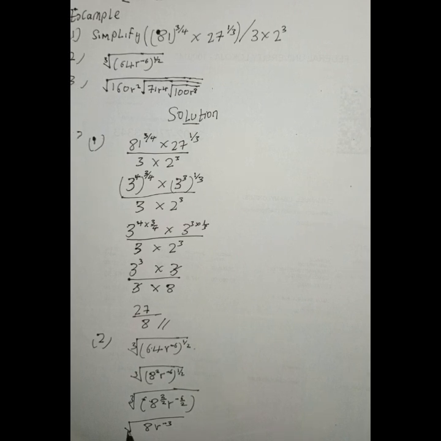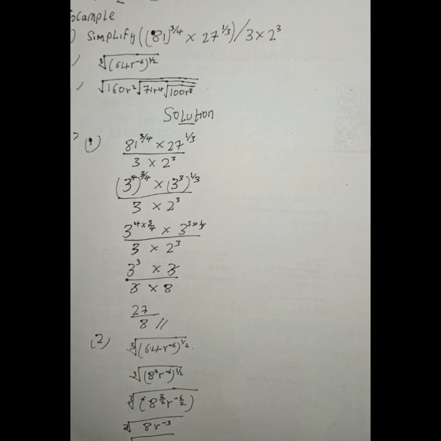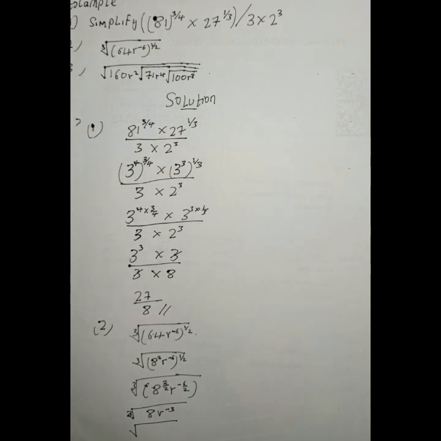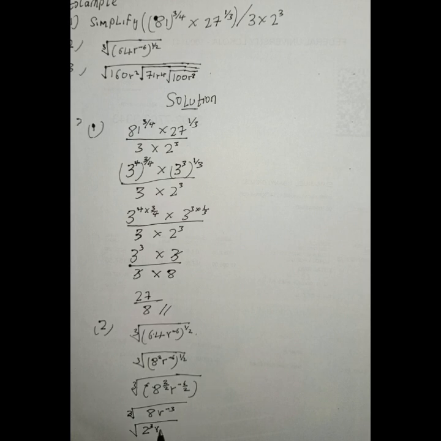Don't forget the cube root. Now I can rewrite this as the cube root of 2 raised to the power of 3, because 2 raised to the power of 3 is 2 times 2 times 2, 2 raised to the power of 3, r raised to the power of minus 3.